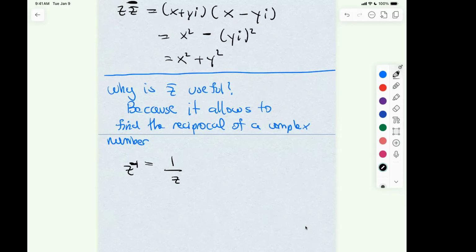In this case, 1 over z should be the same as 1 over z times z bar divided by z bar. Again, that's not a crazy thing to ask.